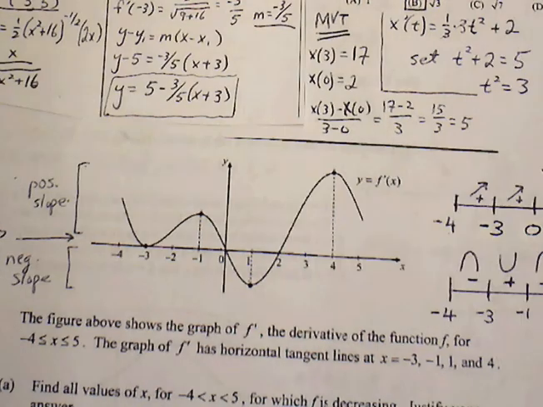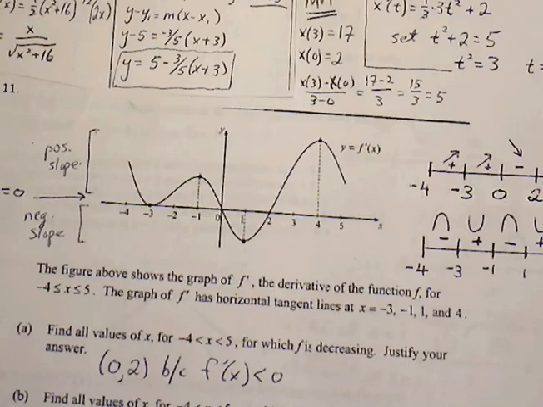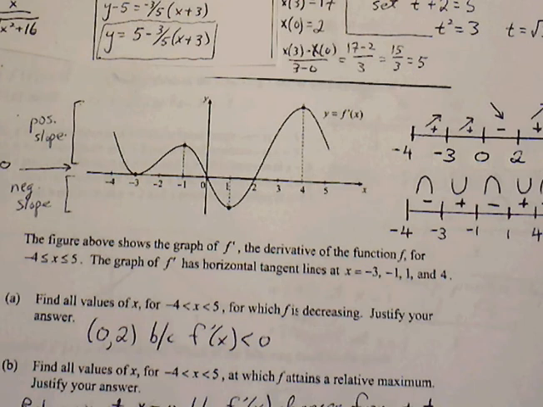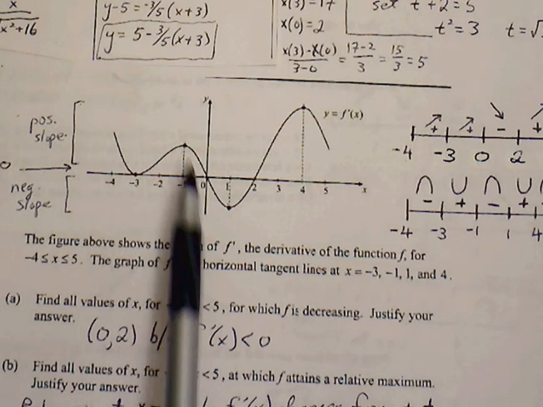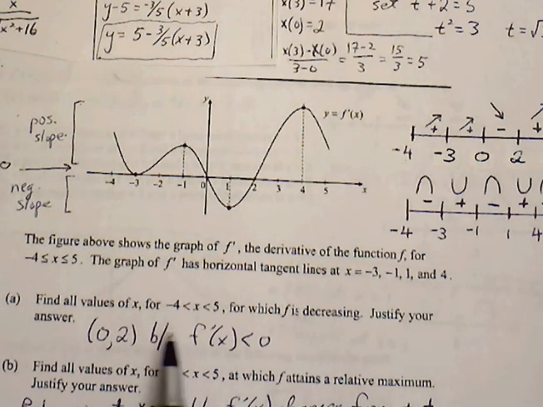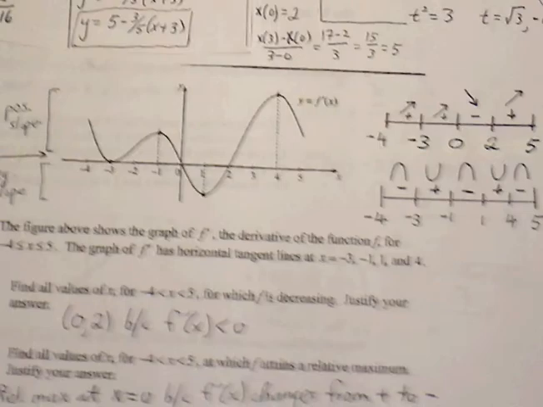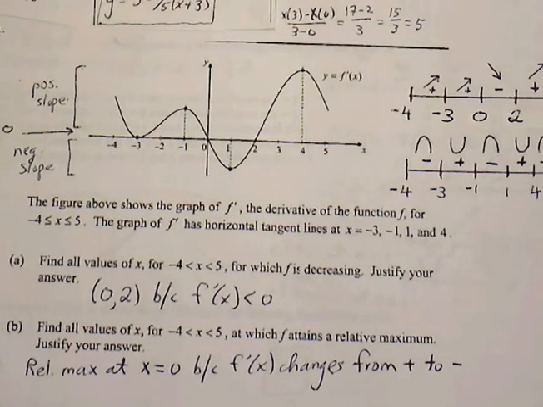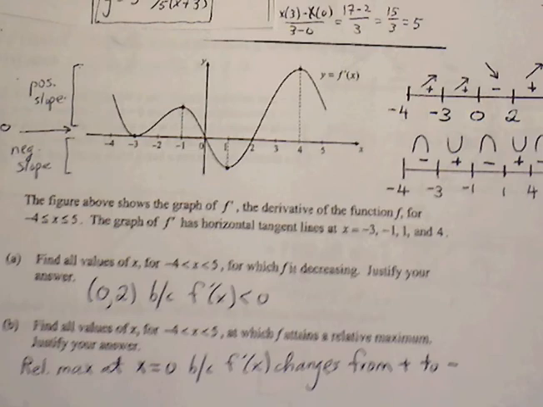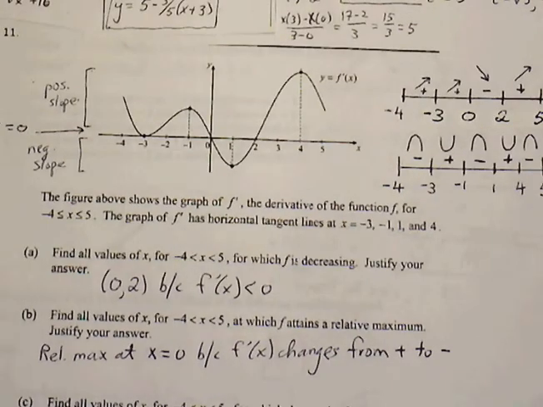Okay. Number 11. The figure shows f prime, which is the derivative function. And the graph of f prime has a horizontal tangent at -3, -1, 1, and 4. Okay. Find all the values where our function is decreasing and justify our answer. What I like to do first is start with sign lines.